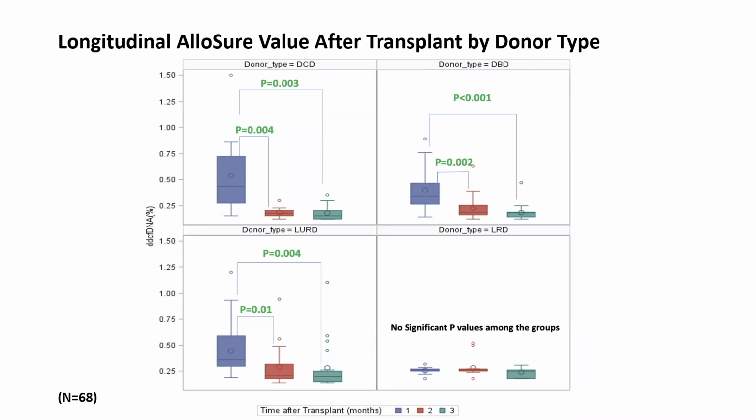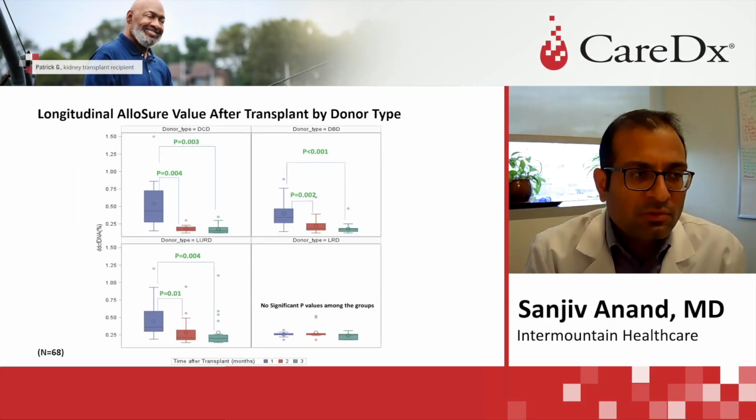The blue box is first month, the red is second month, and the green is third month. For all donor types except living related, there is a significant downward trend of donor-derived cell-free DNA, which is highest at first month and then downtrends at the second month and subsequently at the third month, signifying that there is initially this ischemia reperfusion injury that takes a while to settle down and usually settles down by the second and third month.